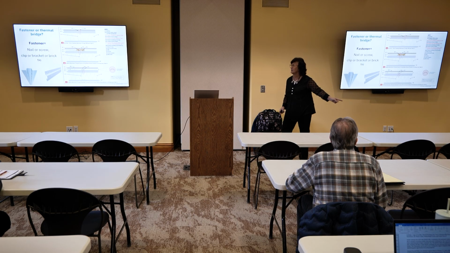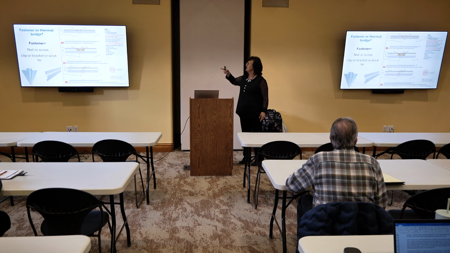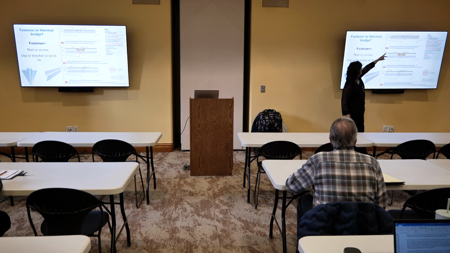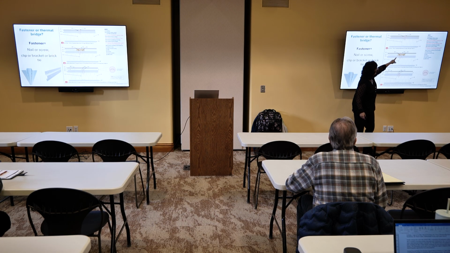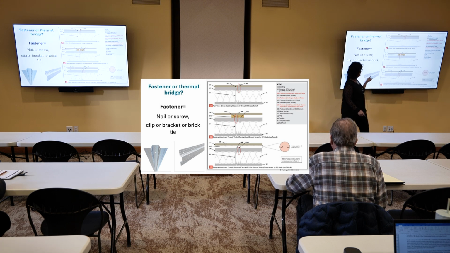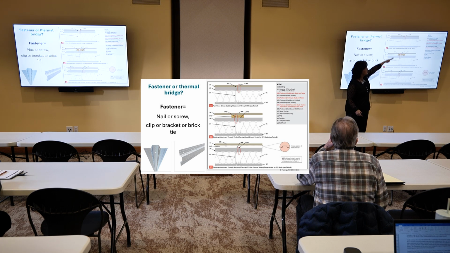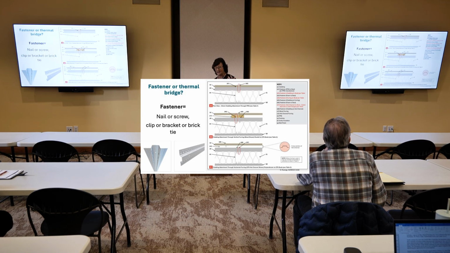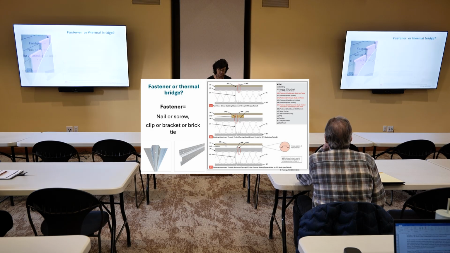You can screw through your cladding into the insulation, into the framing. You can screw through the cladding into a furring strip. You can screw through into a channel. All of those are fasteners that might have a little bit of a thermal bridge to them, but they still allow the insulation to be considered continuous.